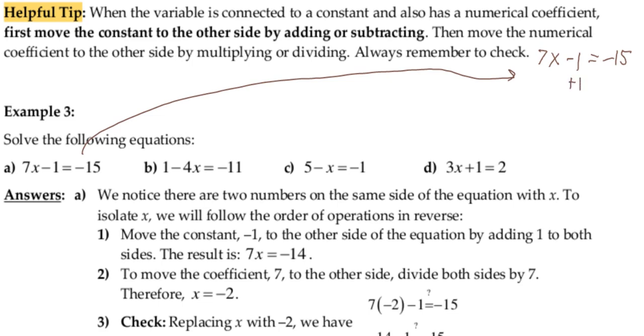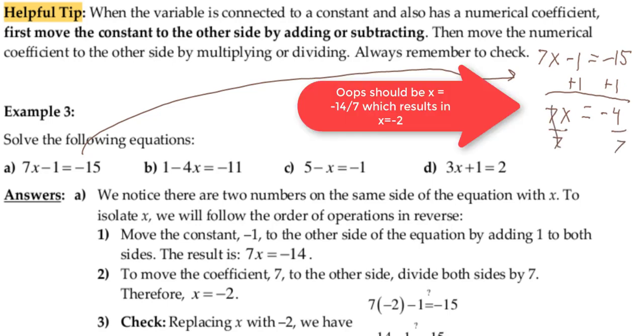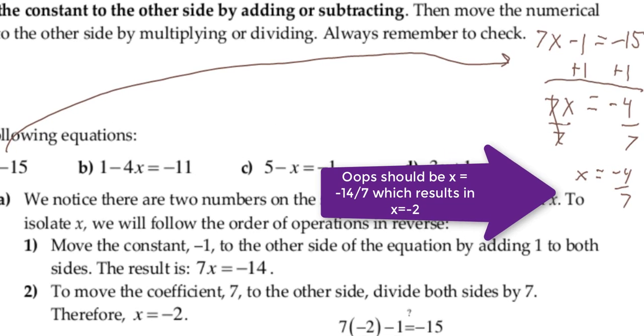So my first step, right, is to add 1 to both sides. And I'm left with 7x. -1 plus 1 is 0. And -15 plus 1 is -14. So that was my first step. I added 1 to both sides. My second step will be to divide both sides by 7. And I'm left with x equals -4 over 7.